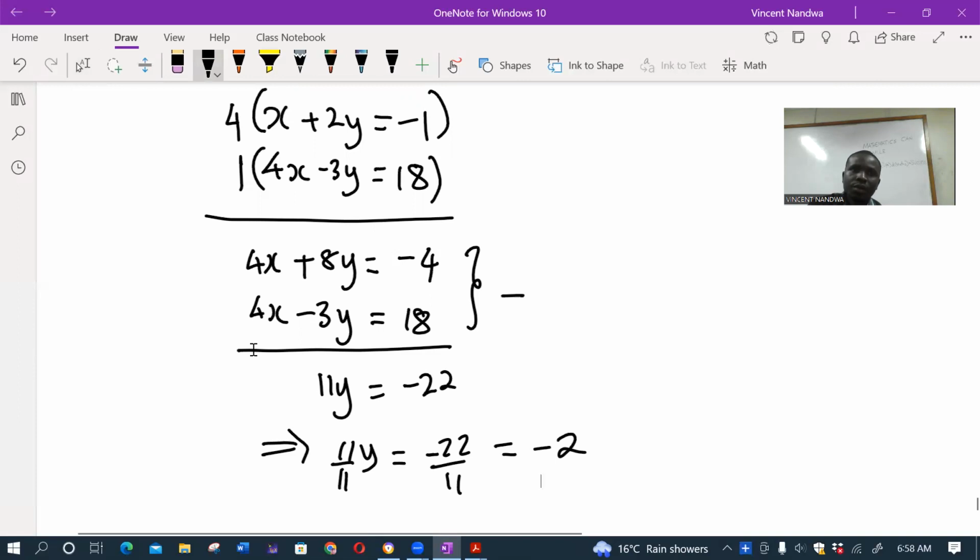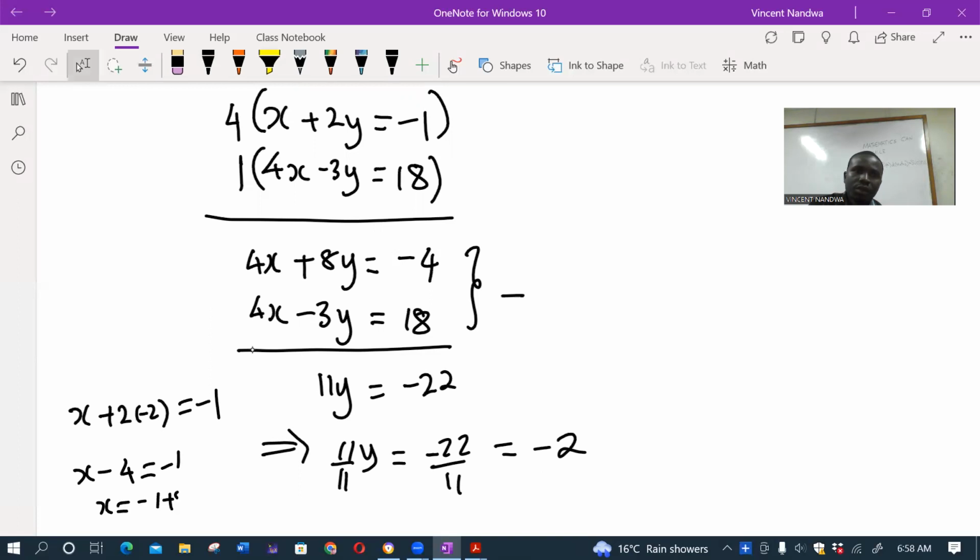So I'll have x plus 2 into minus 2 equals minus 1. So x minus 4 equals minus 1. x equals minus 1 plus 4. x equals 3. So therefore, the solution is x equals 3 and y equals minus 2. So that's by the elimination method.